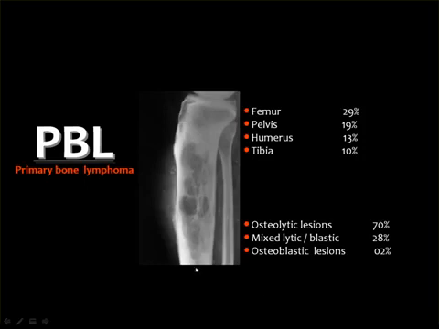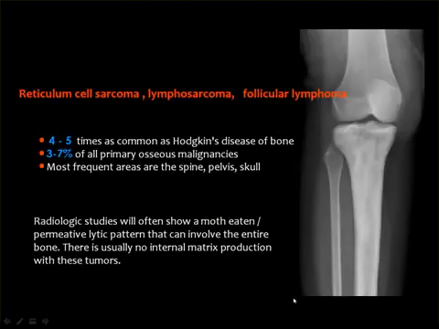These are the frequencies of affection of different bones, the femur, the pelvis, the humerus, the tibia, and this is the frequency of the appearance on the imaging. Osteolytic lesions are most common, then mixed lytic and blastic lesions, and osteoblastic lesions are the rarest.